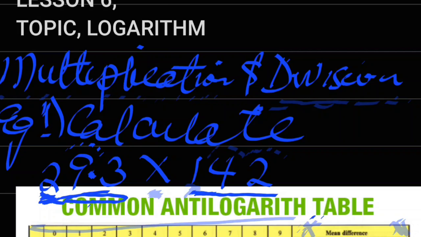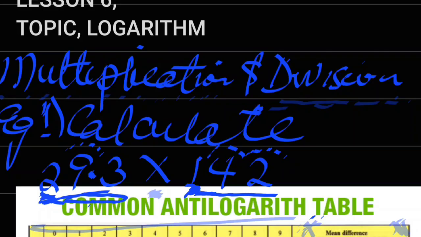So if the decimal is at the extreme end, how many times will it move to fall before the first significant figure? It will move 2 times, because this very one is the first significant figure. So therefore it will move 1, 2. It will move 2 times to fall after this first significant figure, and this is very, very important. Moving your decimal will give you an edge. So we are going to start solving this question.